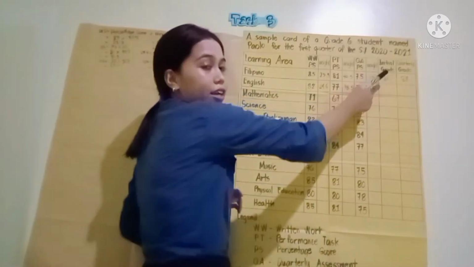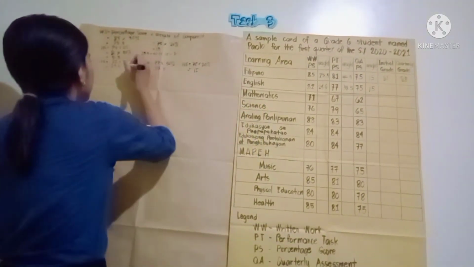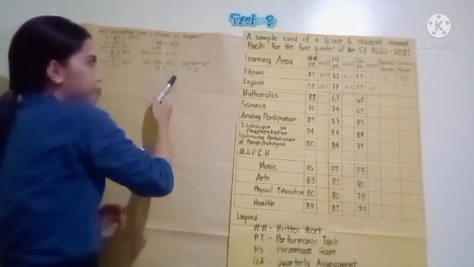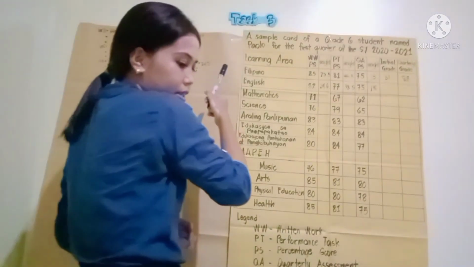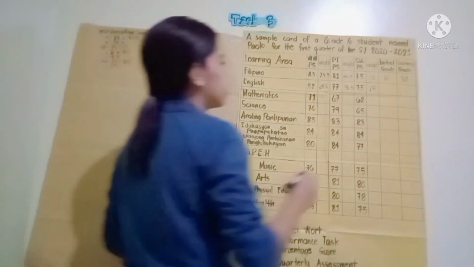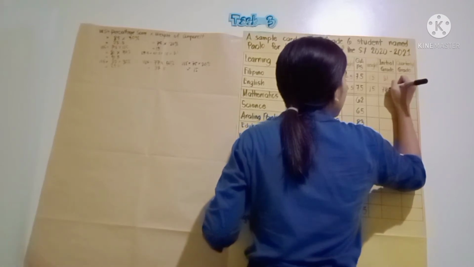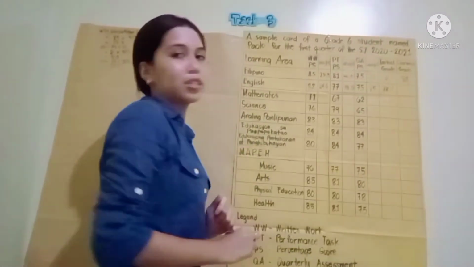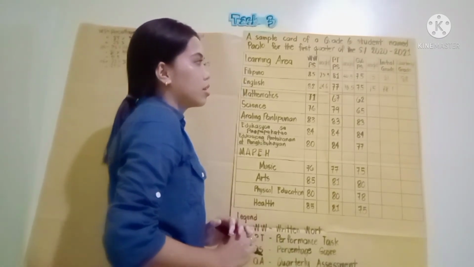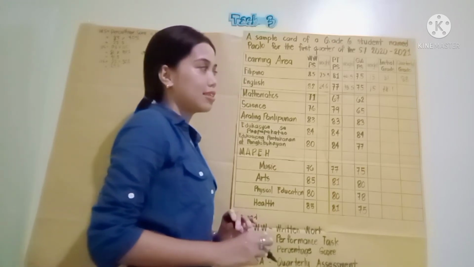So, in order to get the initial grade, we need to add their weighted scores. 24.6 plus 38.5 plus 15 is equal to 78.1. So his initial grade for the English subject is 78.1, which is transmuted to 86.